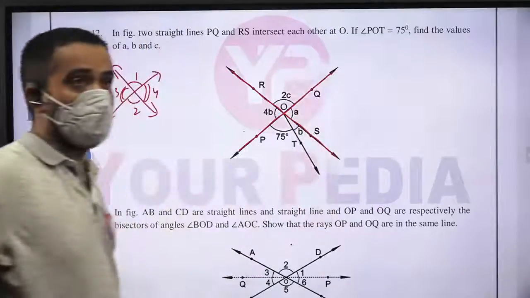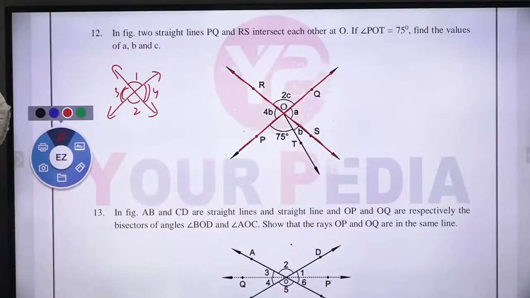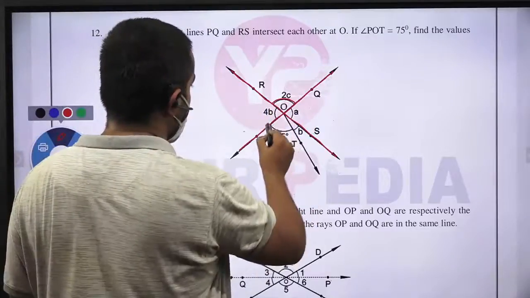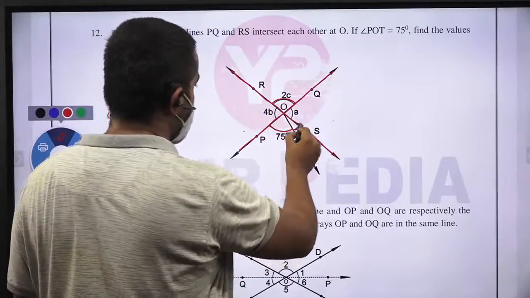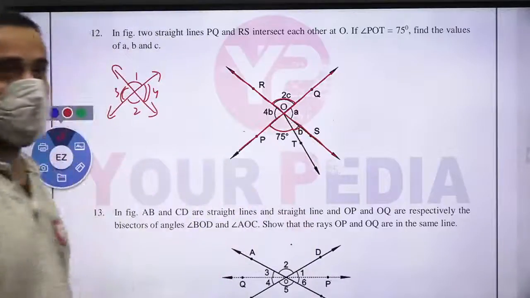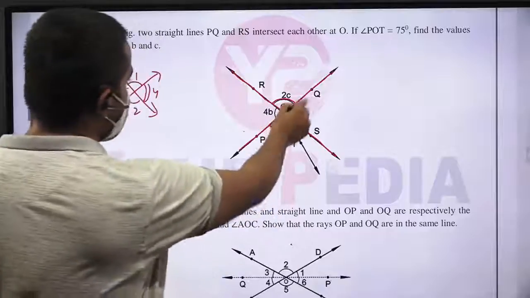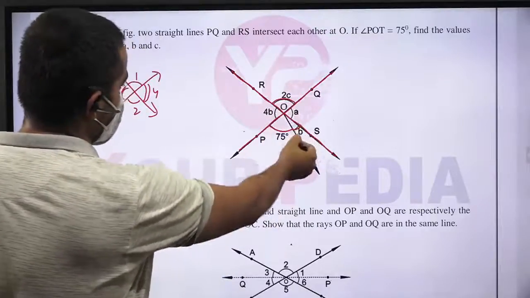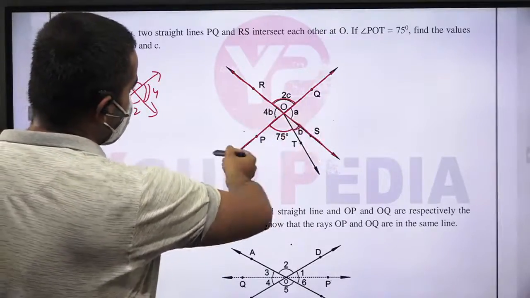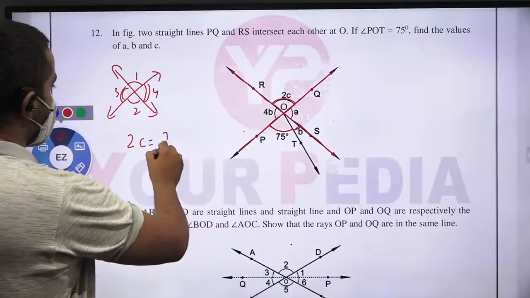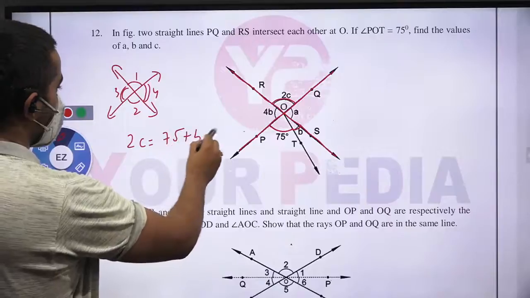Now we can find the vertically opposite angle. Vertically opposite angle will be 2C equals 75 plus B. Make sure the angles remain between the same two lines we are talking about. So 2C is between PQ and RS, and 75 plus B is also between PQ and RS. The first vertically opposite angle: 2C is 75 plus B.